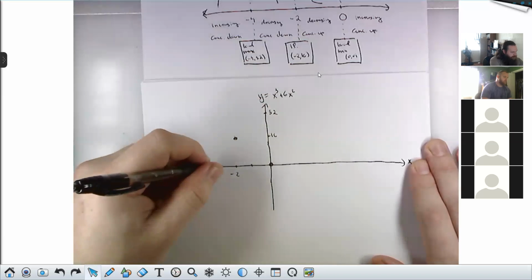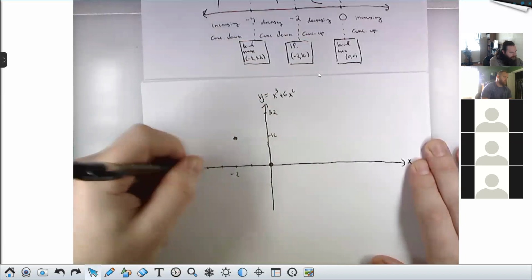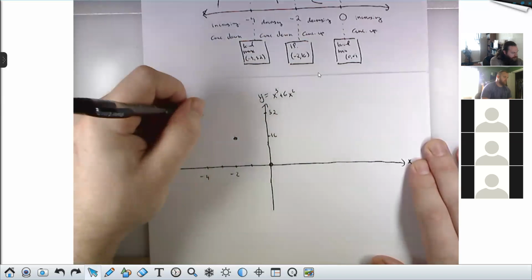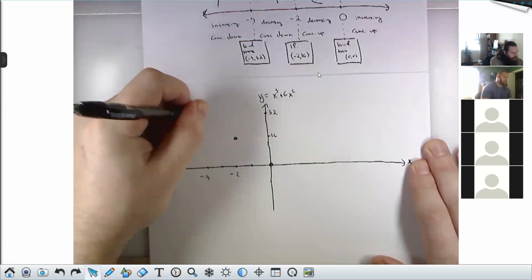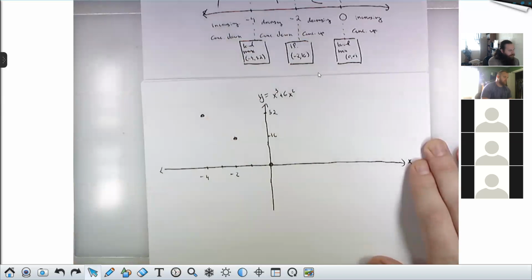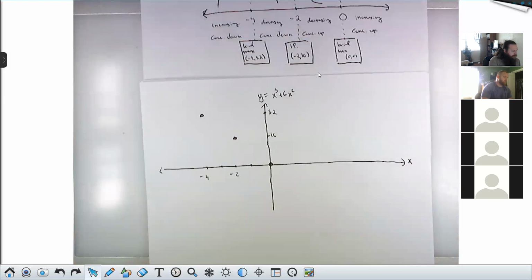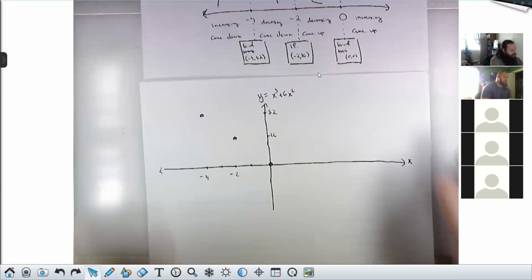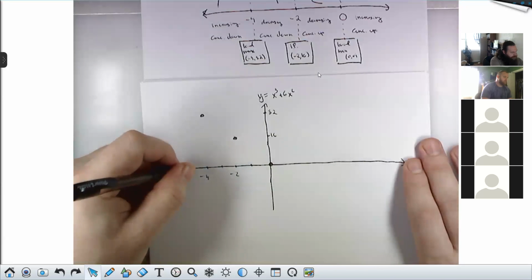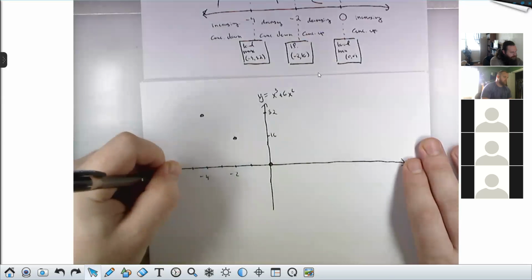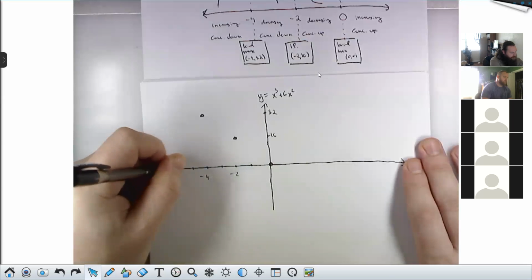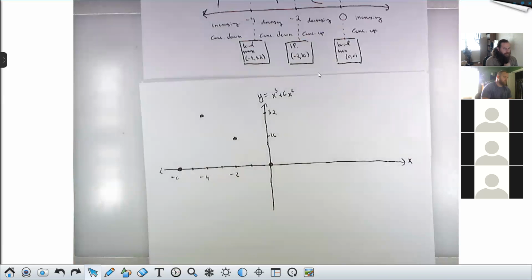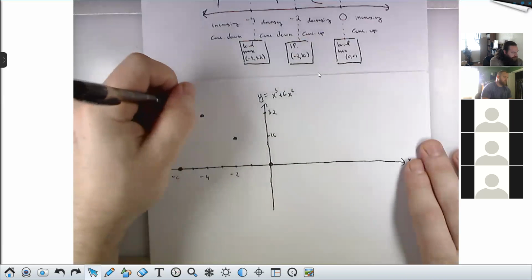So I'll call this -3 and -4. -4, 32 is up here. And then what else did we have going on? Got our min at 0 there. What were my x-intercepts? I had one out here at -6. So -5, -6.